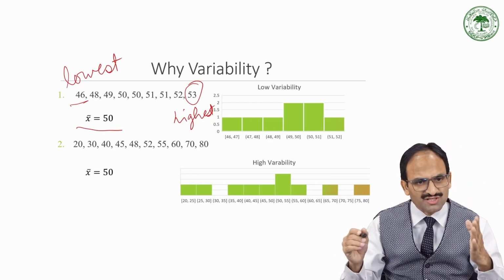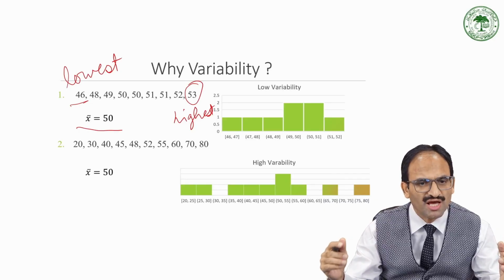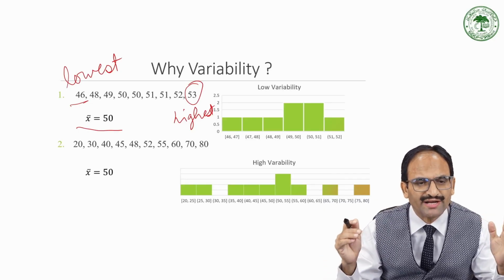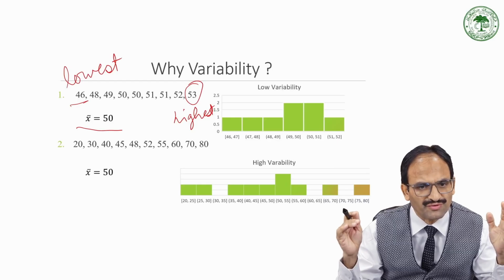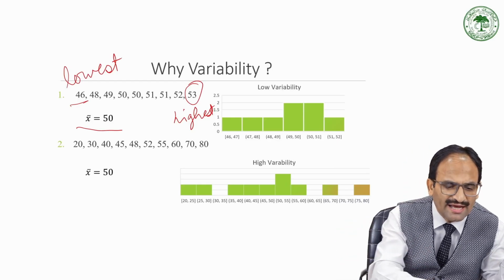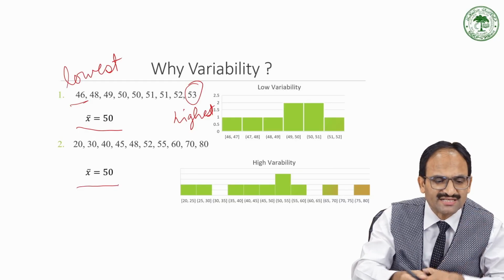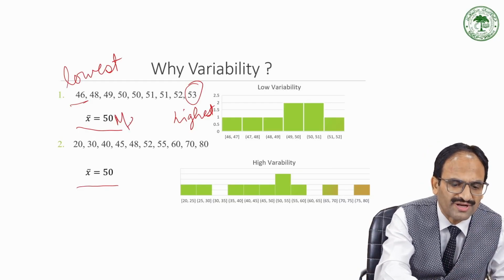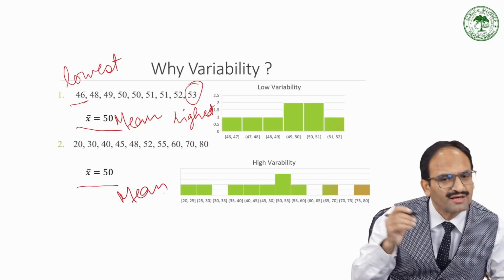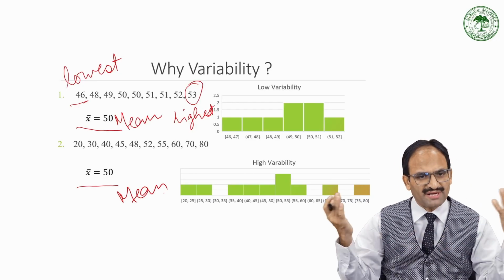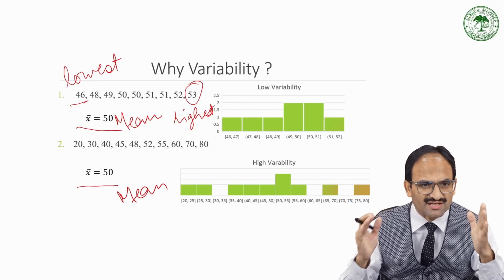Consider the next situation. The scores are 20, 30, 40, 45, 48, 52, 55, 60, 70 and 80. And here again the mean comes out to be 50. So, in the first case the mean is 50, in the second case again the mean is 50, but there is a difference.